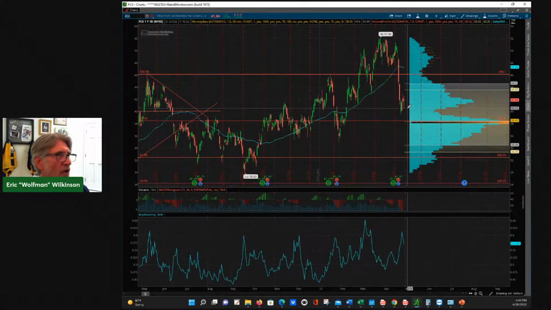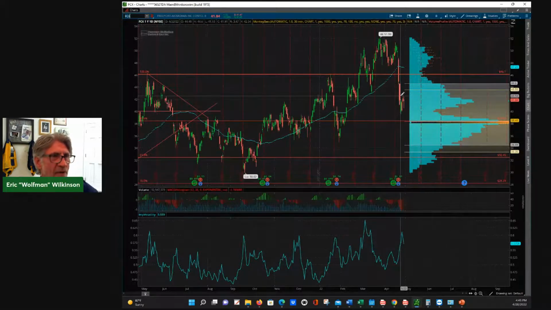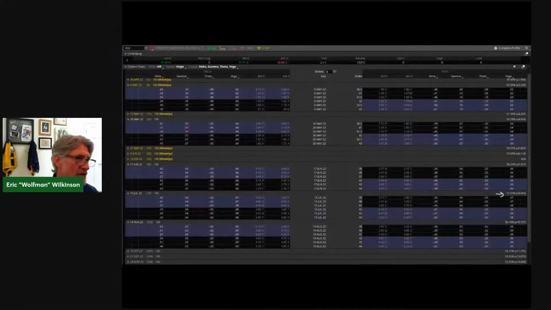Let's call it 41 and a half. Can we say it's $1? So I don't have to split hairs here. Let's just say it went from 42.50 all the way down, let's just say I did something at the top. All right. So $2 move, 4 percentage point.